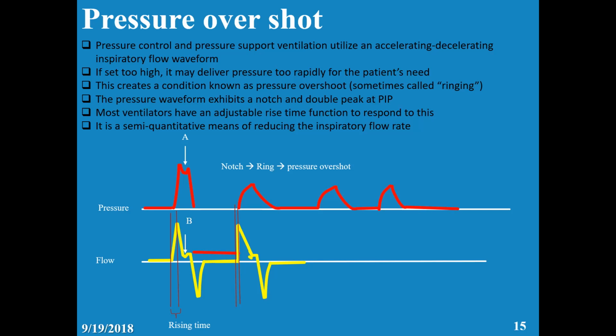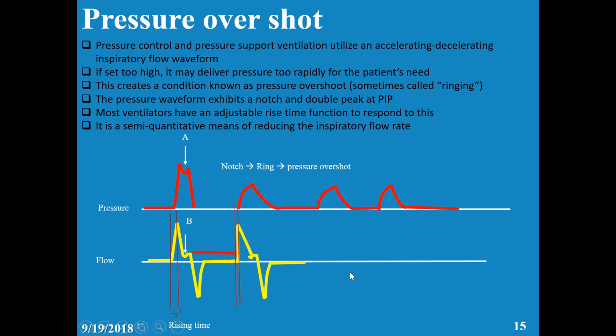So if the inspiratory time is, let's say, 0.38 seconds, the rising time is probably 0.12 or 0.13. If you look at the flow, you can see how fast it goes up and then comes down. The rising time is between the starting point and the maximum point. If the rising time is too high and then goes down, you'll have overshoot.